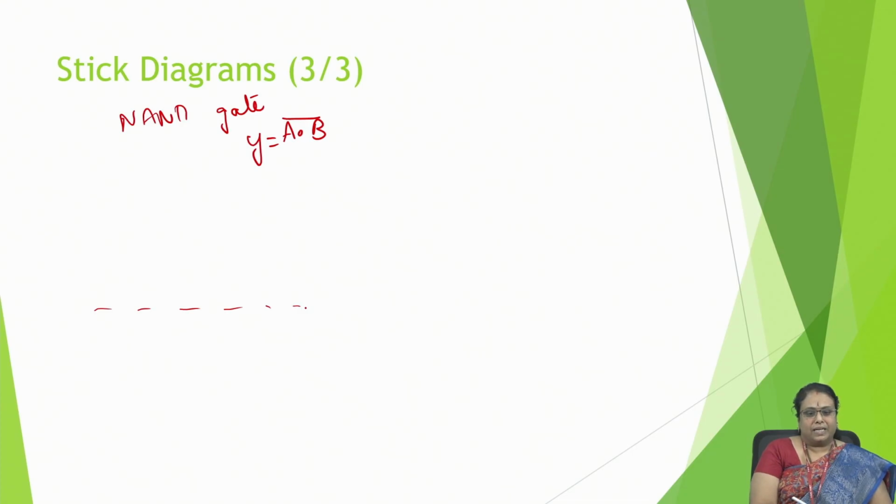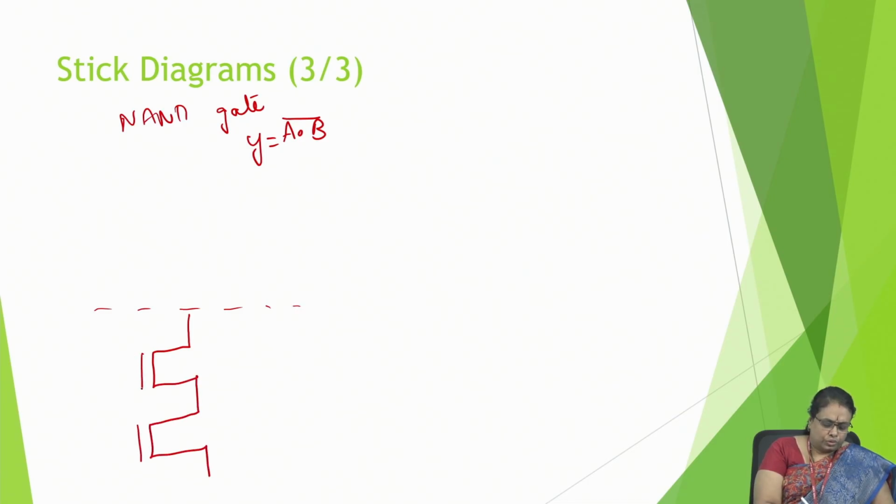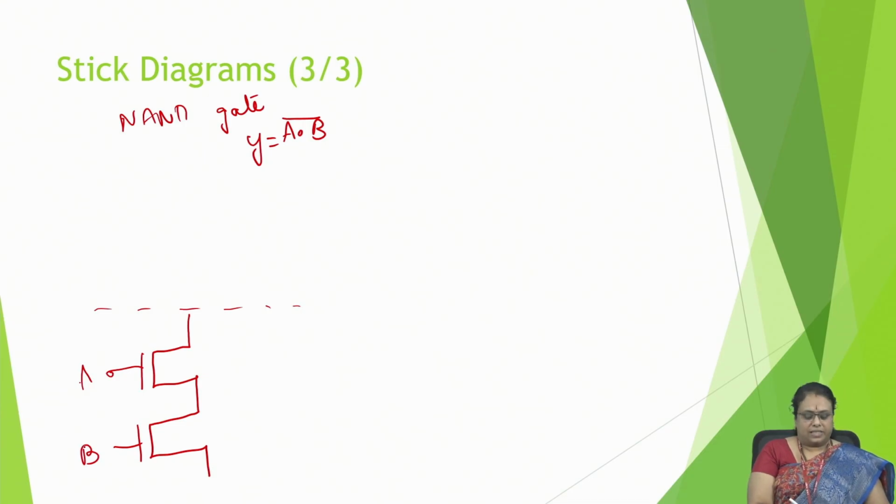When we are drawing the schematic, it will be easy to understand. So pull down side, what will we do? We will draw two NMOS transistors representing a series combination here, and this is ground. This is VSS.